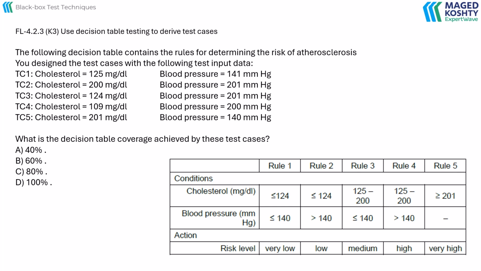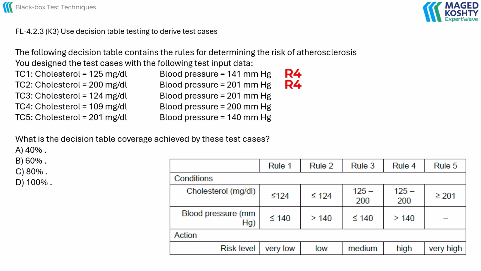TC1. Cholesterol equals 125, Rule 3 or Rule 4. Blood pressure equals 141, covers Rule 4. TC2. Cholesterol equals 200, R3 or R4. Blood pressure equals 201, covers Rule 4 as well. TC3.